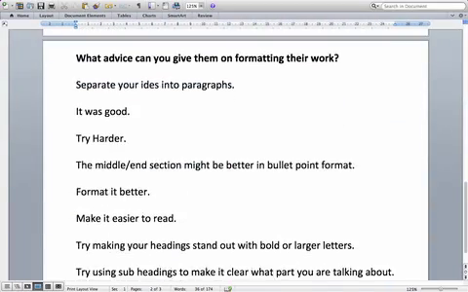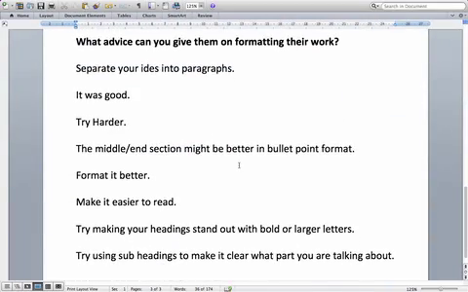And the last question, what advice can you give them on formatting their work? Which ones are these? Spelling error there. Which one of these are quality feedback?